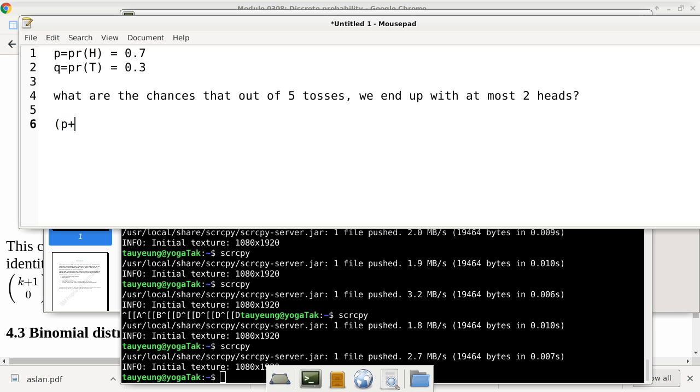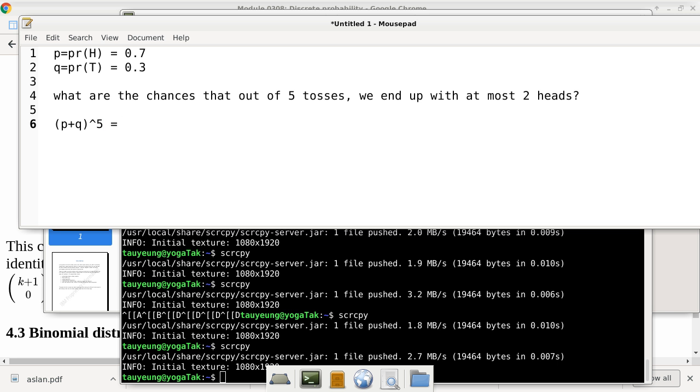So we know that (P plus Q) to the power of 5. Now remember, do not use the caret symbol in C and C++ to mean to the power of, because in C and C++ it means exclusive OR. But in text, this is how I like to put it, because I don't need to use the power function.